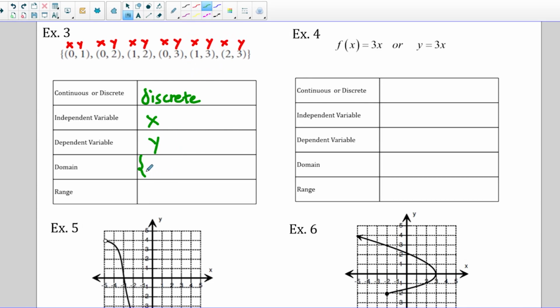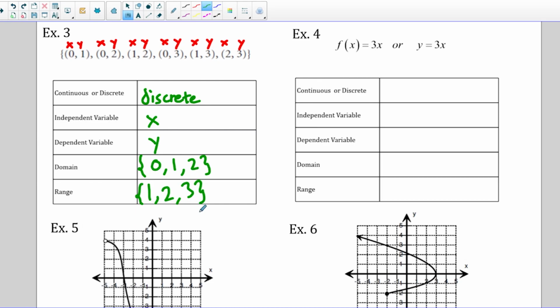I can go ahead and list all of my possible x values. Typically, we'll go from least to greatest. So we see here that we have 0, 1, and 2. So it's the set of 0, 1, and 2. And then for our range, we have 1, 2, and 3. So our set of 1, 2, and 3.